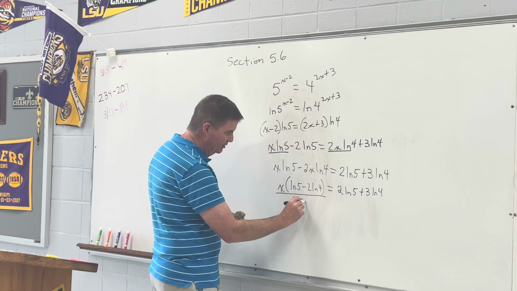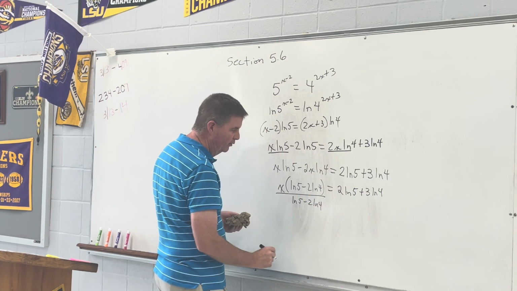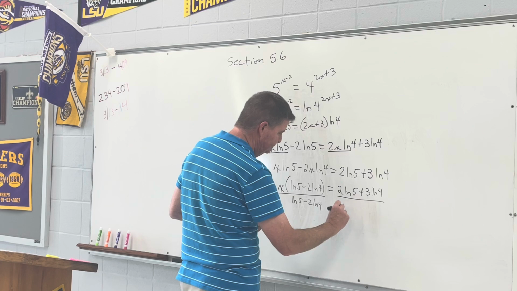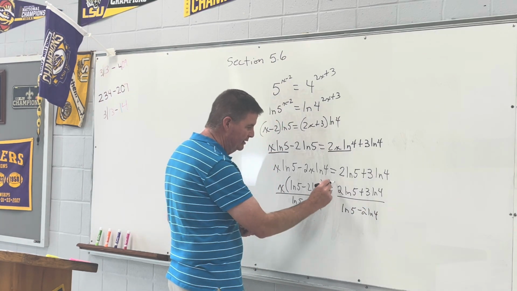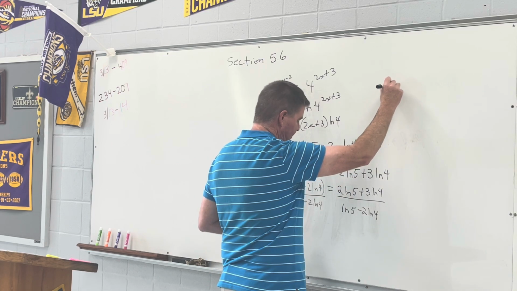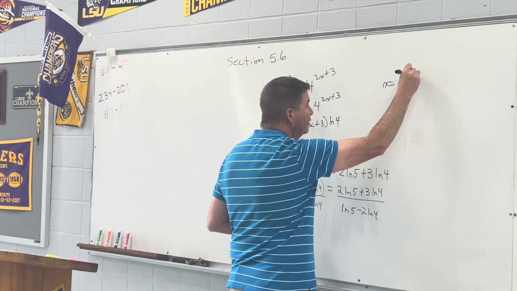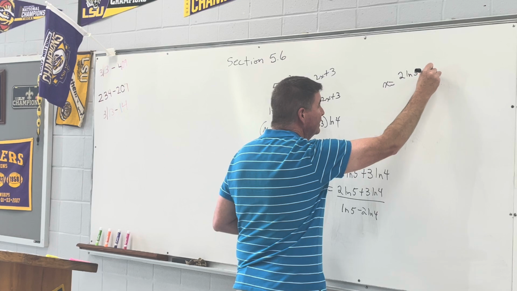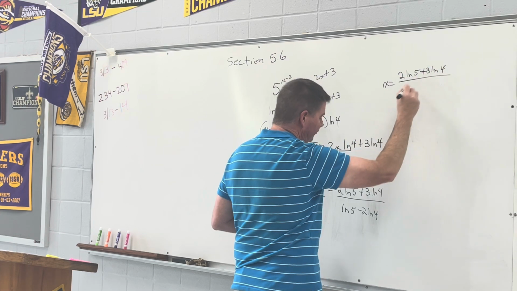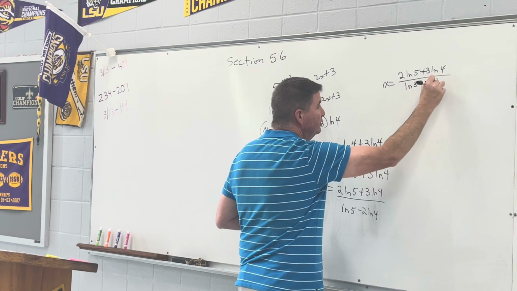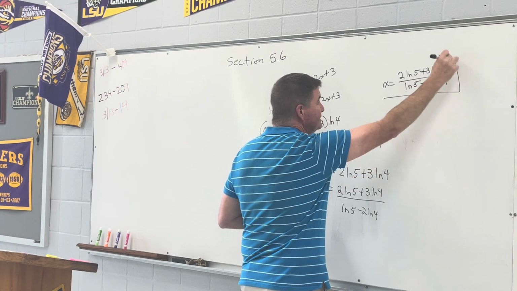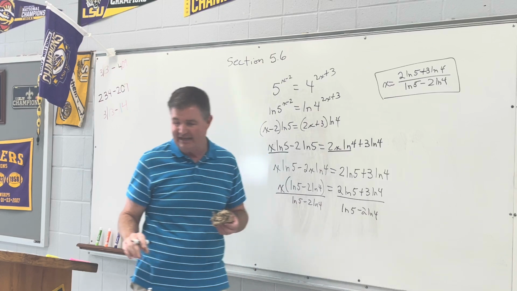Divide by natural log of 5 minus 2 natural log of 4 on both sides. And that's what I get as my answer. x equals 2 natural log of 5 plus 3 natural log of 4 over natural log of 5 minus 2 natural log of 4. This is again the exact answer.